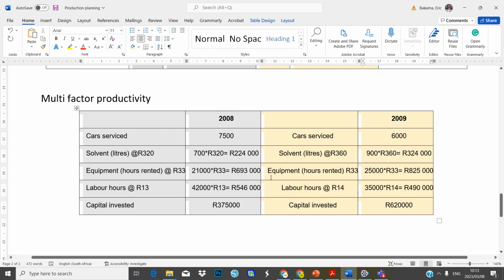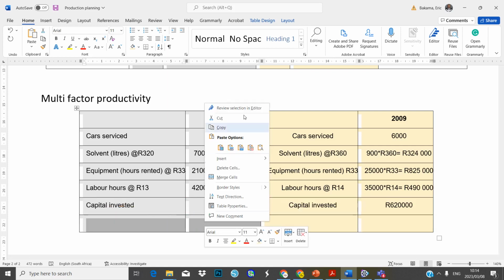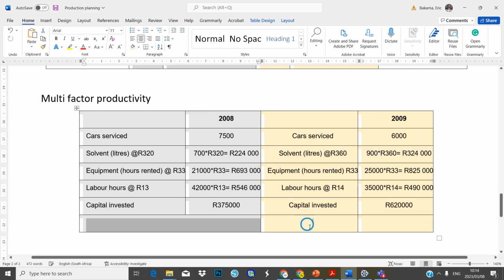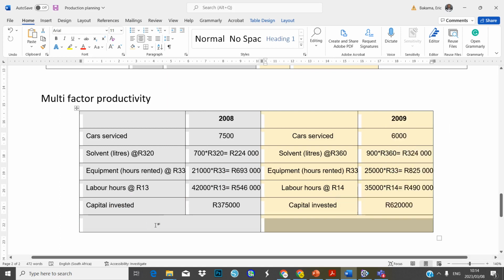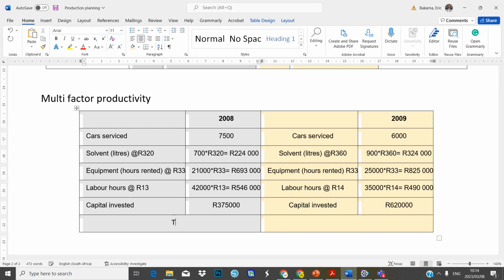So with this said, now we have all these values. The best thing to do now is to total them. So the very first thing to do now is to take the total input.